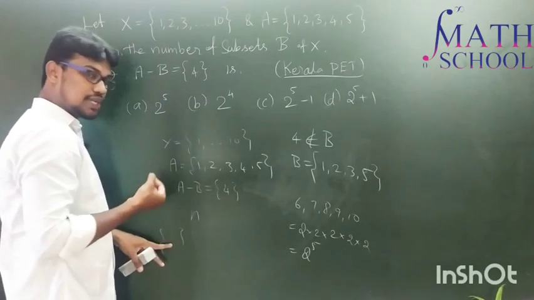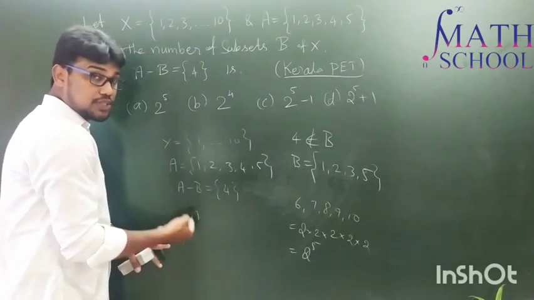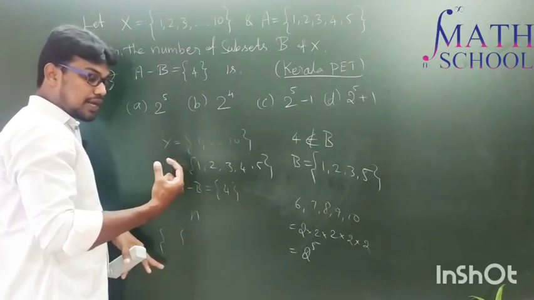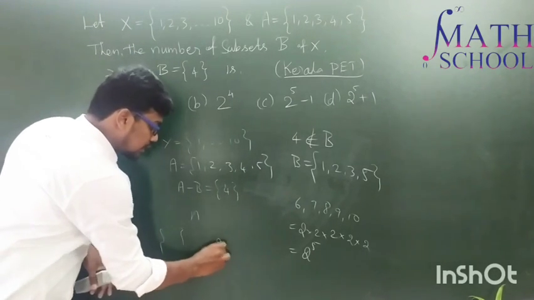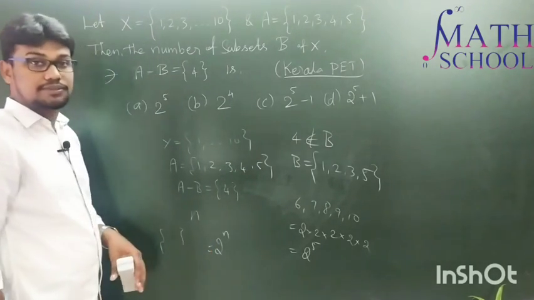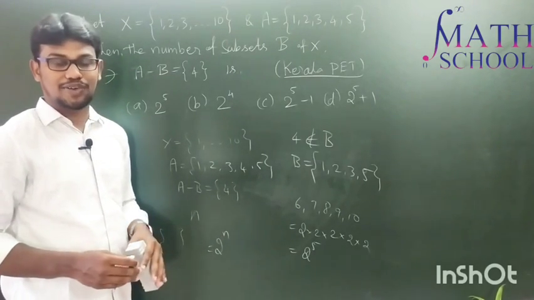The second element may belong or be out of the set. So there are n elements and each has 2 possibilities, so altogether we can have 2 to the power n possibilities. For more detail about it, you can contact us. Thank you.